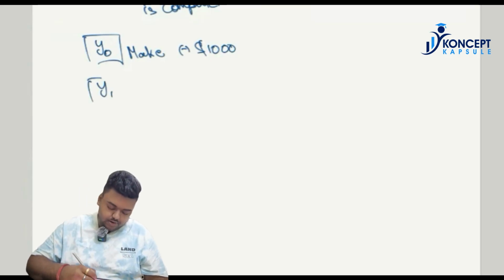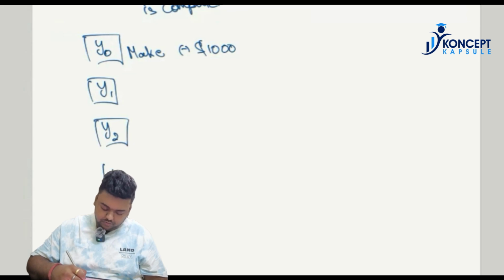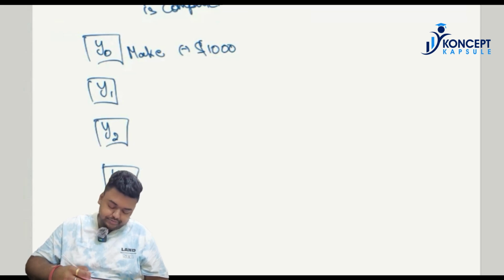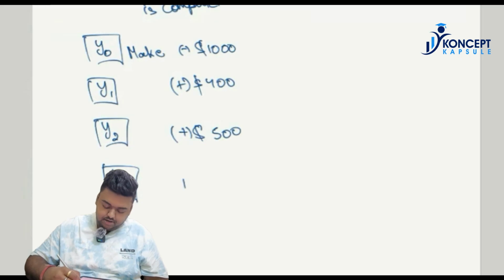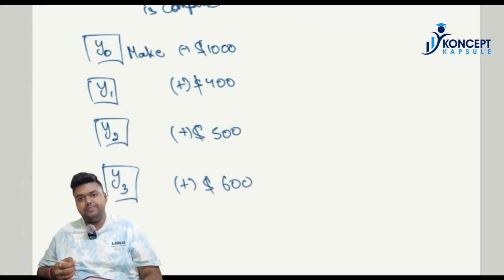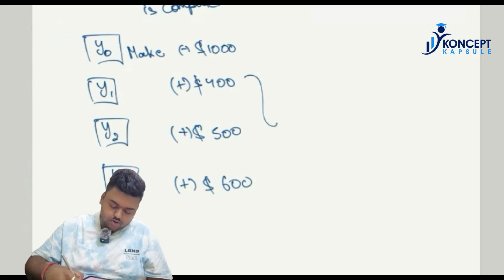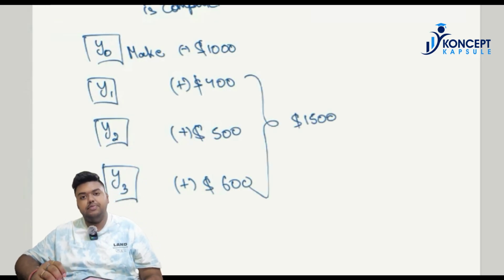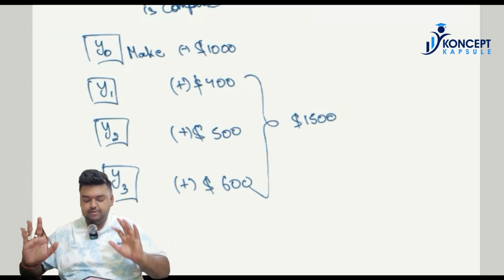Suppose in the subsequent years, I earn out of it. Suppose I make $400 in the first year, I make $500 in the second year, and I make $600 in the third year. Okay. In totality, I make $1,500. Correct? Are we clear till this point?